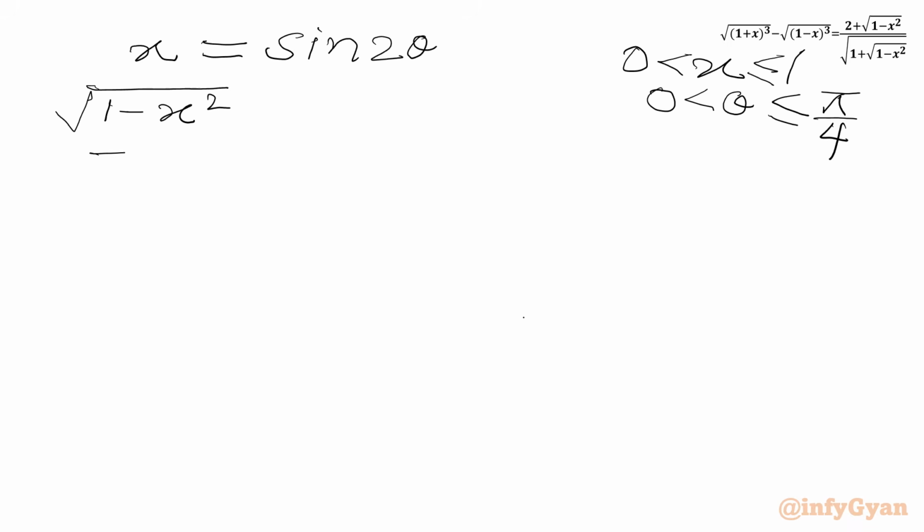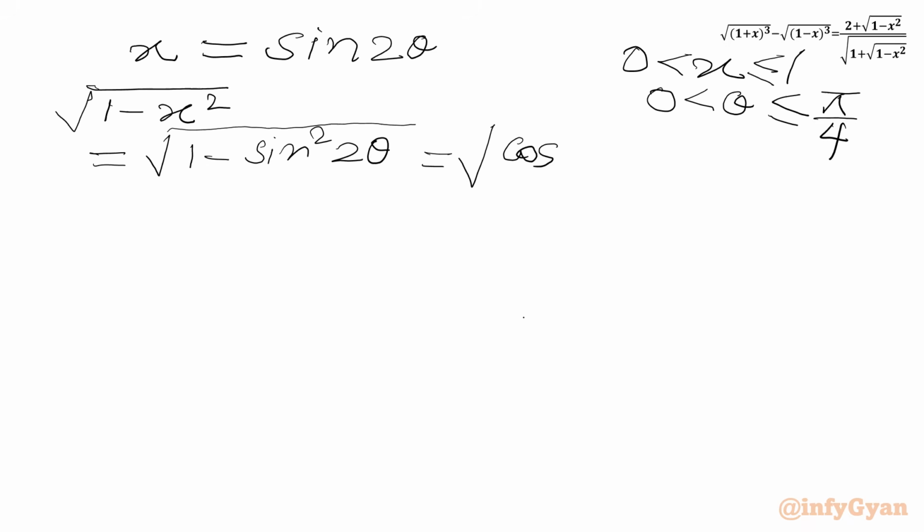Square root 1 minus x square will become square root 1 minus sine square 2 theta. 1 minus sine square 2 theta will become cos square 2 theta, which will be equal to cos 2 theta. So square root 1 minus x square is cos 2 theta.